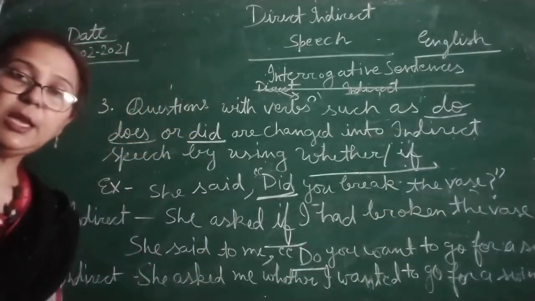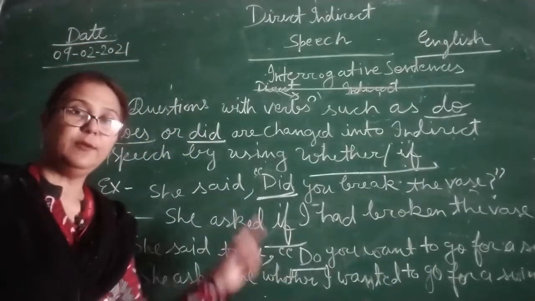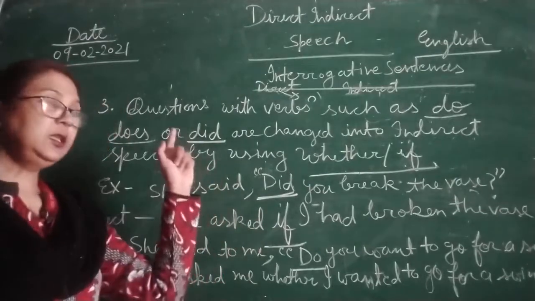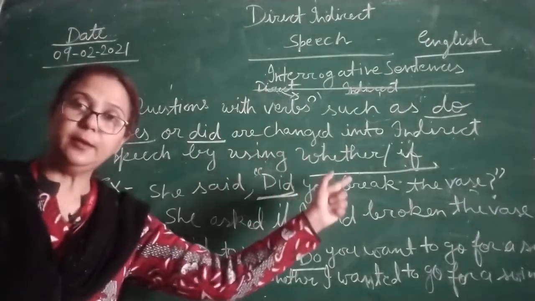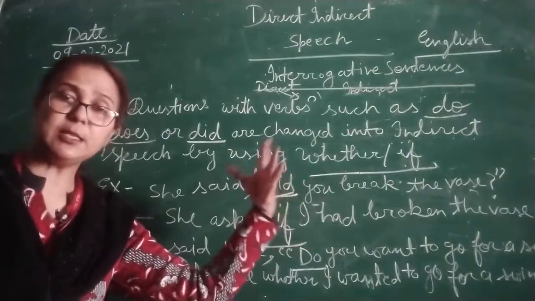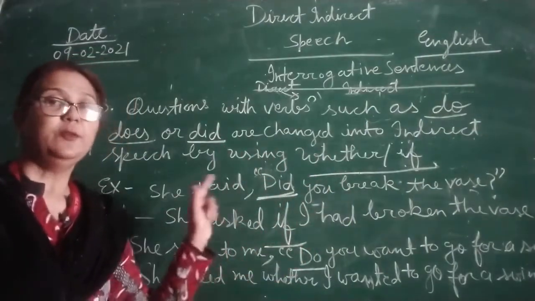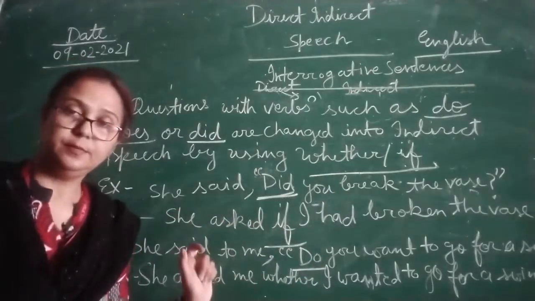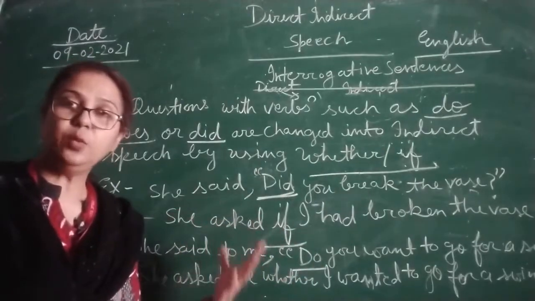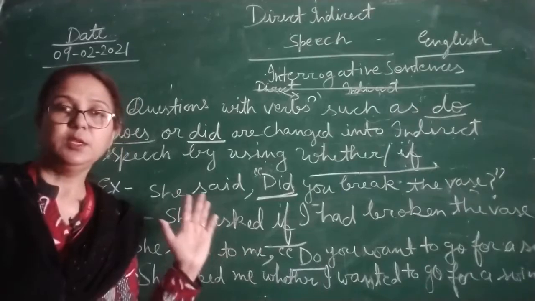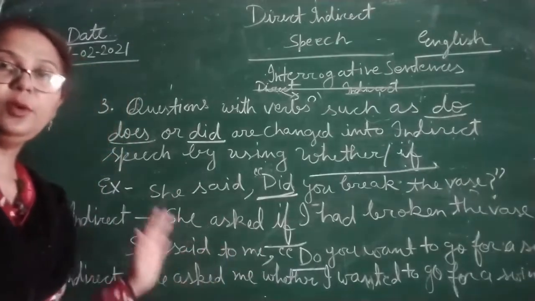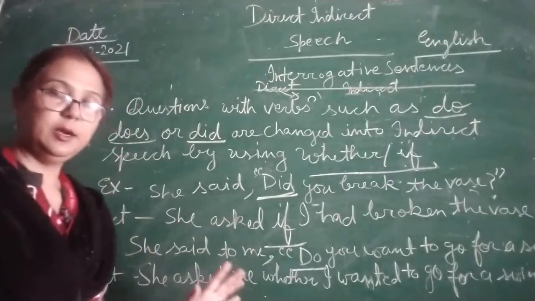So always remember, whenever the verb in direct speech is do, does or did, asking a question, we will change it in indirect speech with if or whether. All the other rules remain the same. Children, this is a very important rule. Write it down and learn this.